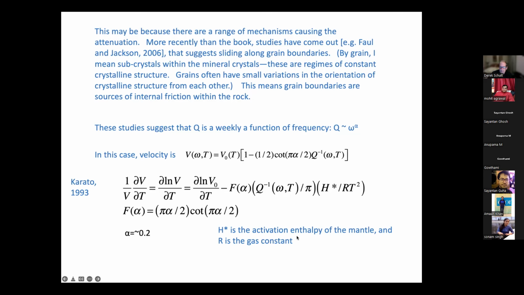H star is the activation enthalpy of the mantle, and R is the gas constant. This is all an approximation, but what it does is it says that velocity goes down from the infinite frequency case, and it's a function of Q.